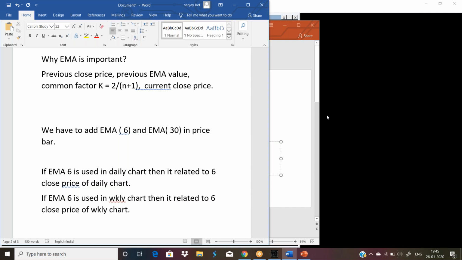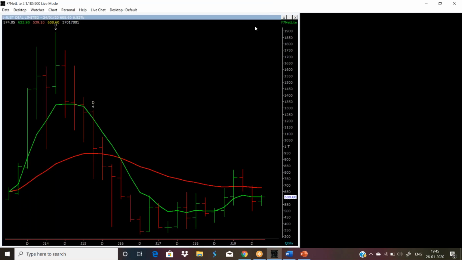Now I have used this EMA in the quarterly chart. This is a quarterly chart. So all these values of EMA are related to close prices of the quarterly chart. EMA 30 is related to 30 close prices of the quarterly chart.